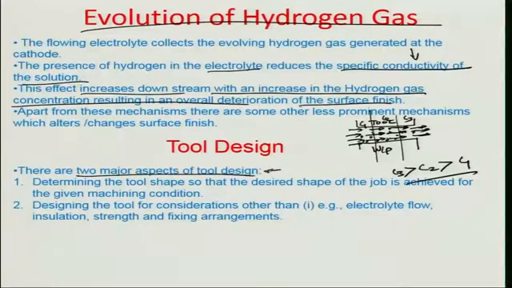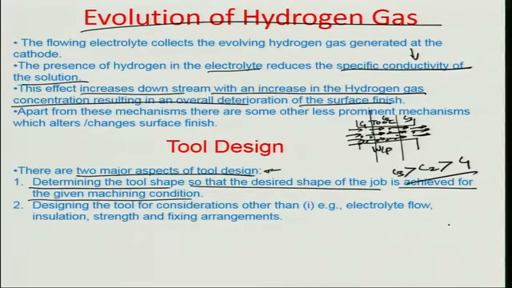There are two major aspects of such tool design. One is determining the tool shape so that the desired shape of the job is achieved for given machining conditions, and another is designing the tool for considerations other than the overall tool shape, and one of them is obviously the electrolyte flow.